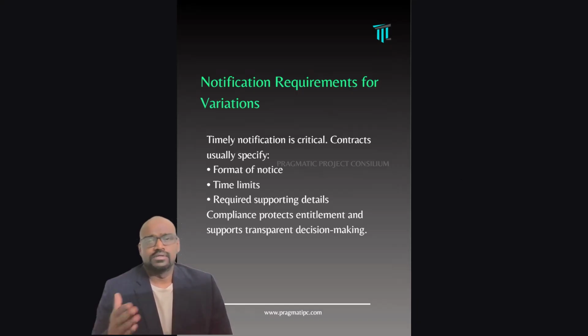He has to notify the employer that there is a variation, and most contracts have a particular period, either 28 days or 21 days. When the contractor becomes aware of the variation, he has to notify the employer.